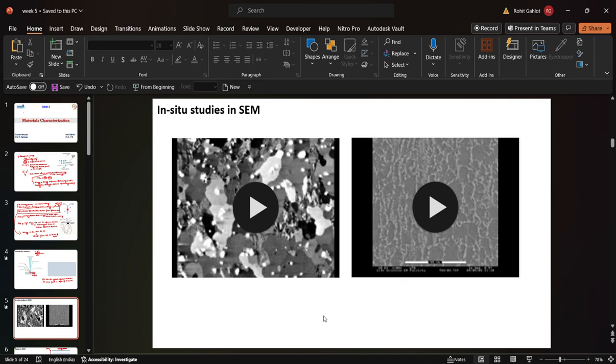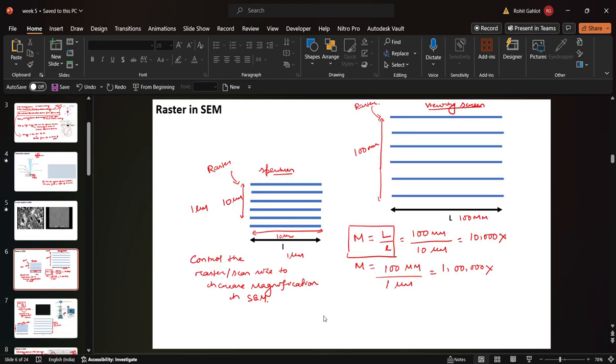Now this was also discussed, but I just added briefly how the raster system works in the SEM. Due to the raster in SEM, your magnification is increased. You can control your magnification by controlling the raster or the scan size. Your specimen is around 10 micrometers in length, and this is your viewing screen of around 100 mm.